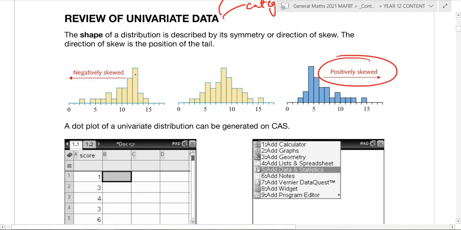If your data starts low, then goes up, it's negatively skewed. If the mean, or the median as well, is sort of in the middle, then this is approximately symmetrical. And if your data starts high, then goes low, then it's positively skewed.